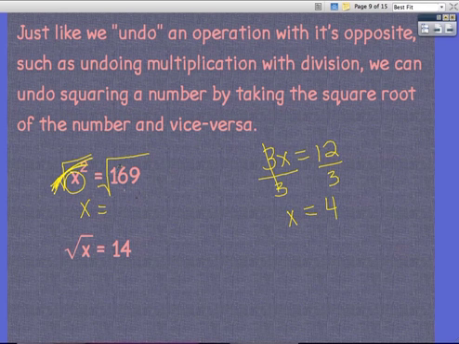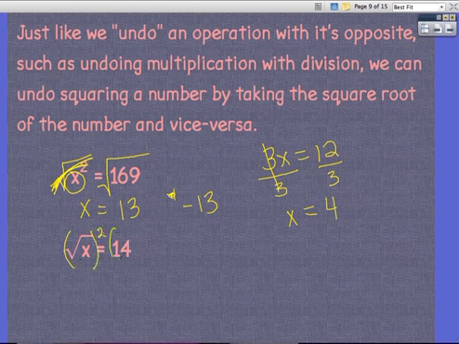And then the square root of 169, which when you memorize those, it's going to be 13. In this case, we also have to have a negative 13, but we're going to talk more about why that is later. Here, if I start out with a square root, I need to undo it by squaring both sides.